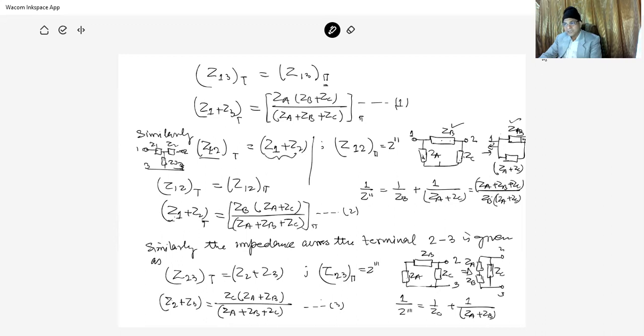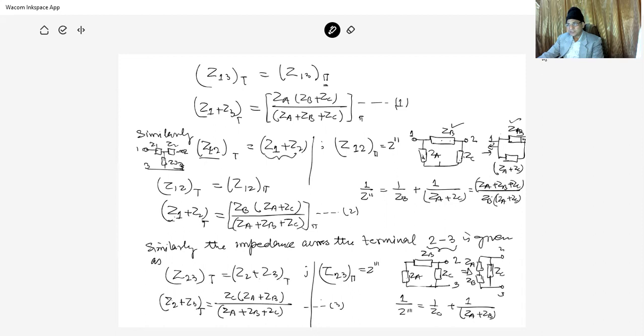Similarly, the impedances across terminals 2 and 3. These are the series combination Z2, Z3. Z1 is free. So Z23 of T is Z2 plus Z3. This is the T network. In case of the pi network, this ZC is parallel with ZA and ZB, which are in series combination.